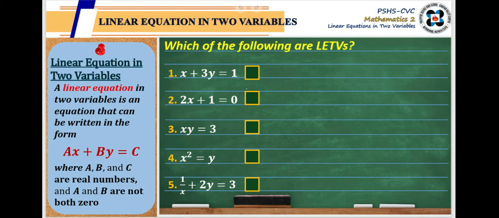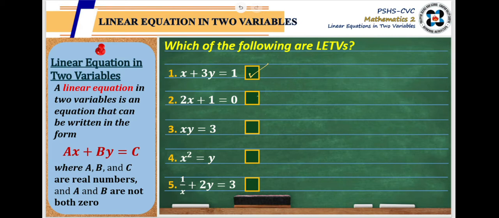So based on our number 1 example, the equation x plus 3y is equal to 1 is already written in the form ax plus by is equal to c. So here a is equal to 1, b is equal to 3, and c is equal to 1. So all of which are real numbers. Okay, so we put a check mark here. Meaning to say this is a linear equation in two variables.